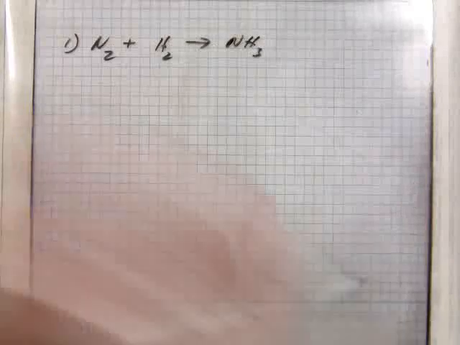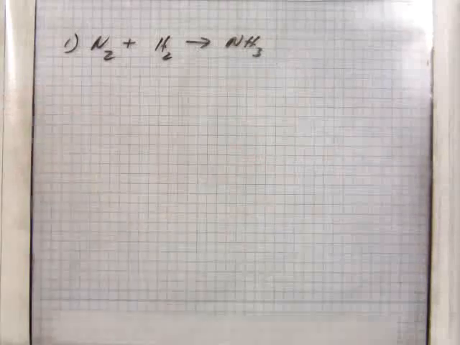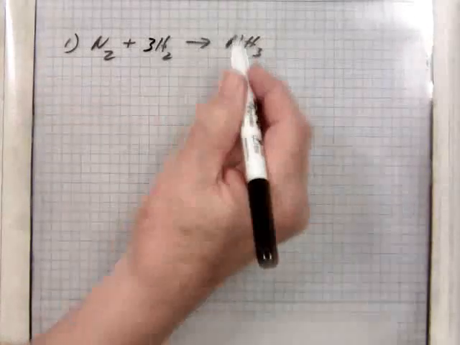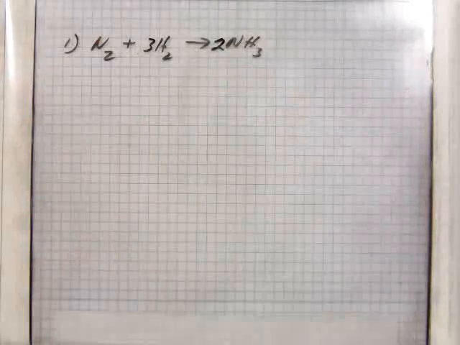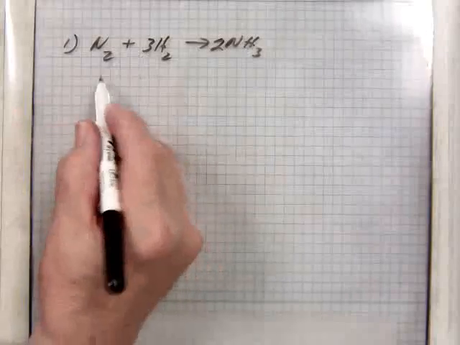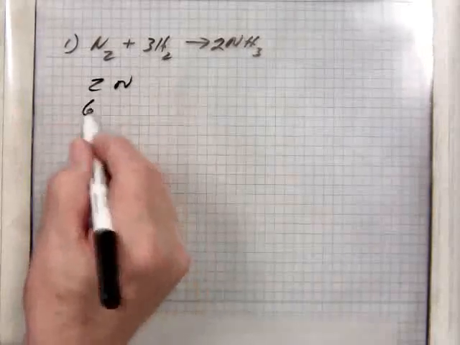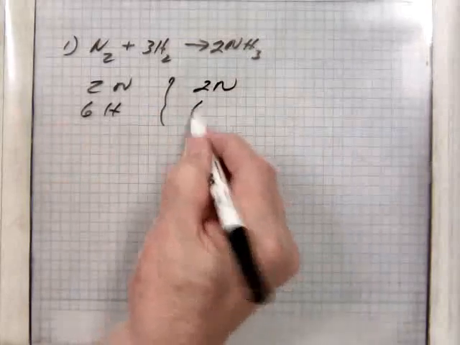So you've already seen this one. We need a 3 against a 2, and I just showed you that you can swap the coefficients, and that's already in a diatomic format. So you can throw the coefficients in. If you look at it, you have 2 nitrogens over here, 6 hydrogens, and over here 2 nitrogens and 6 hydrogens.